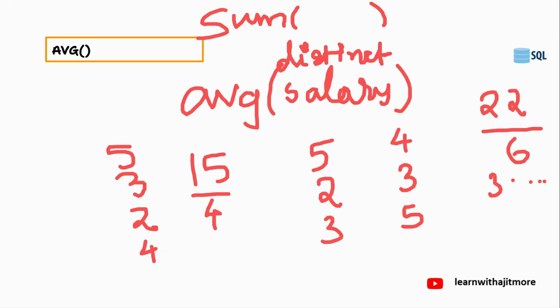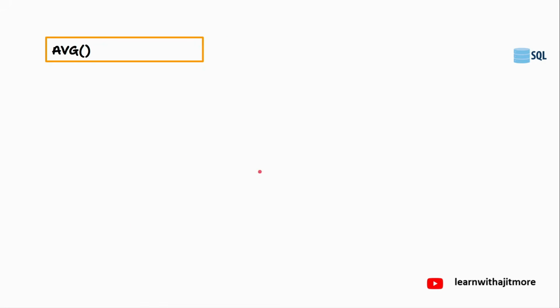Yes, for average of salary, it is really applicable, because if you're not using distinct for the salary, you'll get a different average, and if you use distinct, you'll get a different average. There will be a little bit of difference in the average. But there can be other data sets also, not only an employee data set. The data sets can be different.